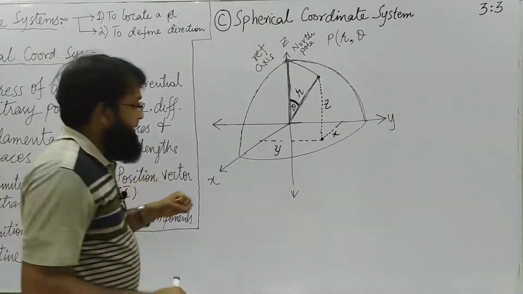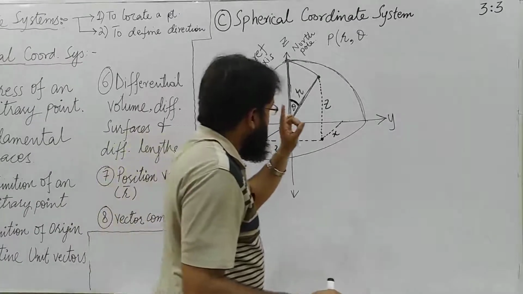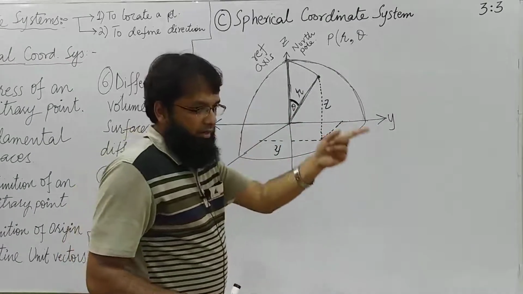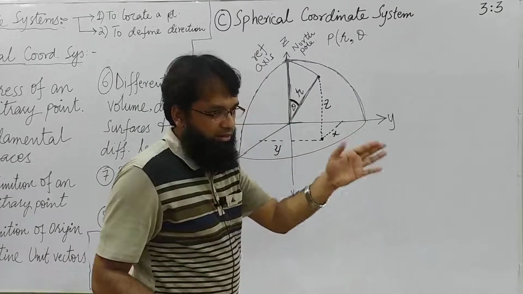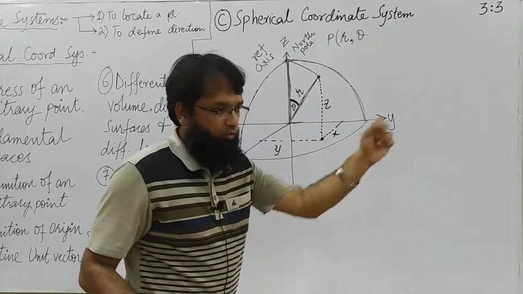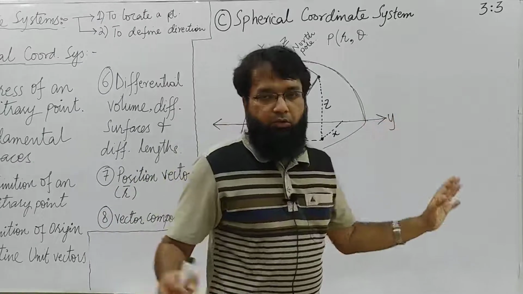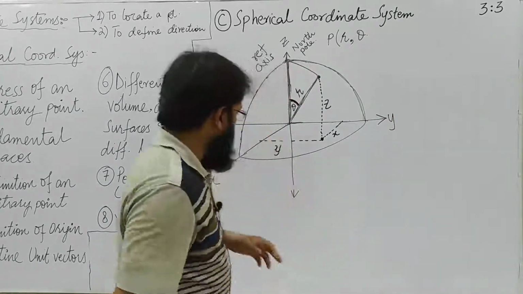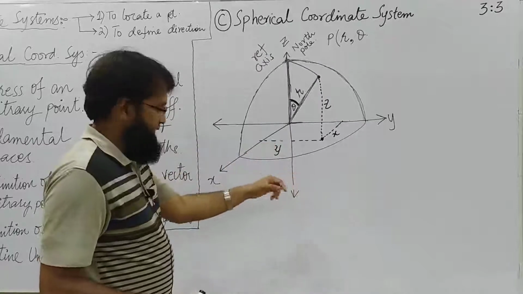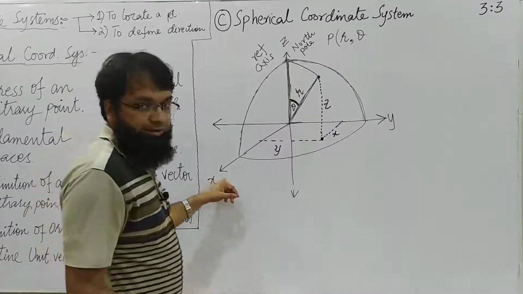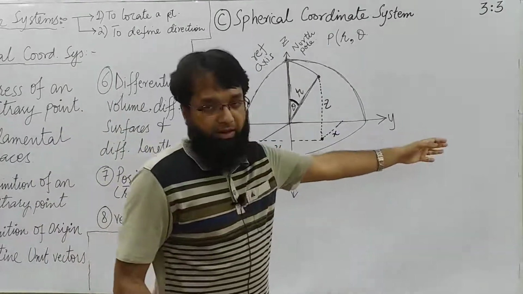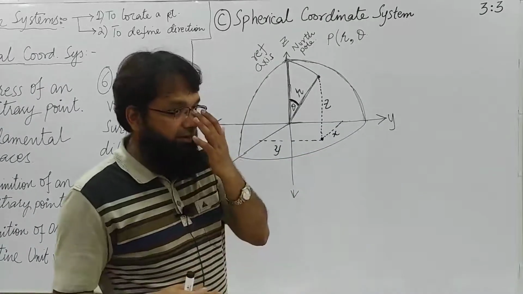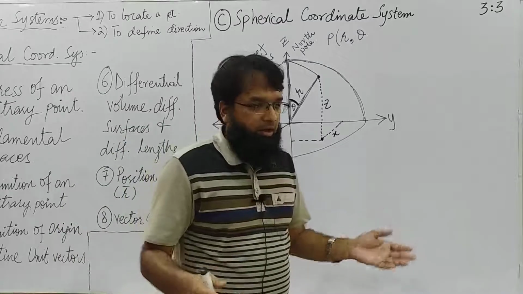No. Why? Because the technical point about a coordinate is that if you are moving in the direction of one coordinate, if you change that coordinate, the other two coordinates should not change. Like in the case of x, y, z, if you move in the direction of x, y and z stay constant. If you move in the direction of y, x and z stay constant, and so on. Similarly, we have defined unit vectors in the case of the cylindrical coordinate system.